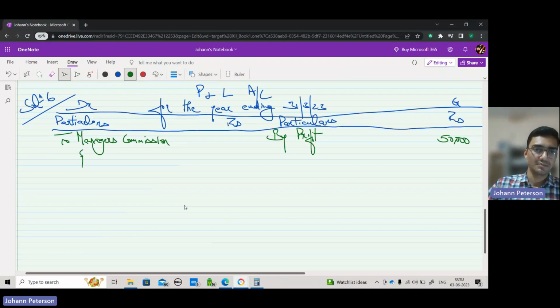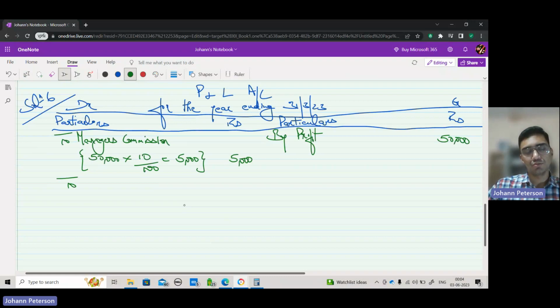And how do we calculate this? The manager's commission is given as 10% of the profits, and the profits are given as 50,000. We are going to assume it is 10% on the profits before charging such commission. So 10 on 100, which is coming out as 10% of 50,000 is 5,000. So I'm going to write 5,000 here. Now I'm going to be left with the balance.